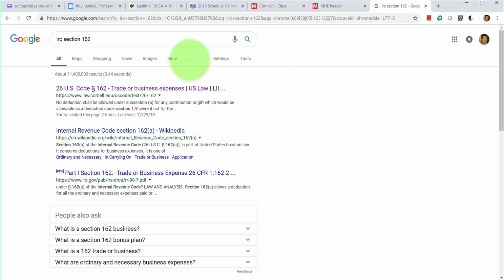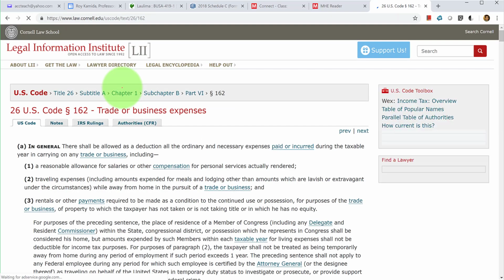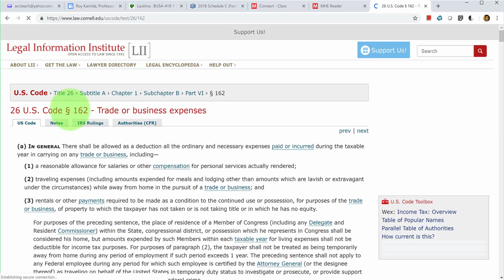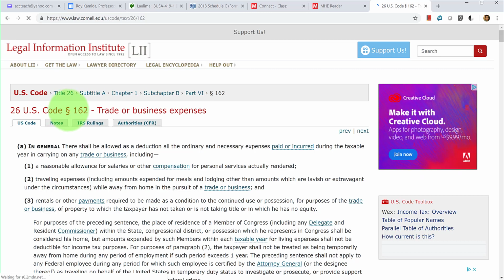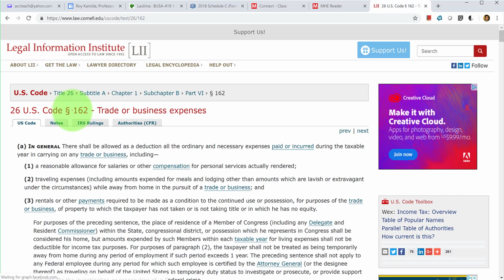The site that has the Internal Revenue Code is not necessarily the government's, but here, Cornell University's law school. They organize tax laws by code number, section number. See this symbol right here? This is section. So tax professionals don't have to say the term trade or business expenses. They just say section 162. And here's that ordinary and necessary terminology.